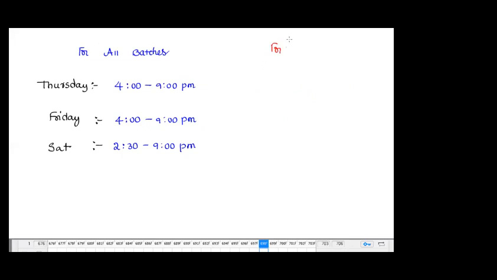And for ESE only, the extra syllabus, on Friday, 9:30 a.m. to 12:30 p.m., and Saturday also the same timings. This is for the ESE only.